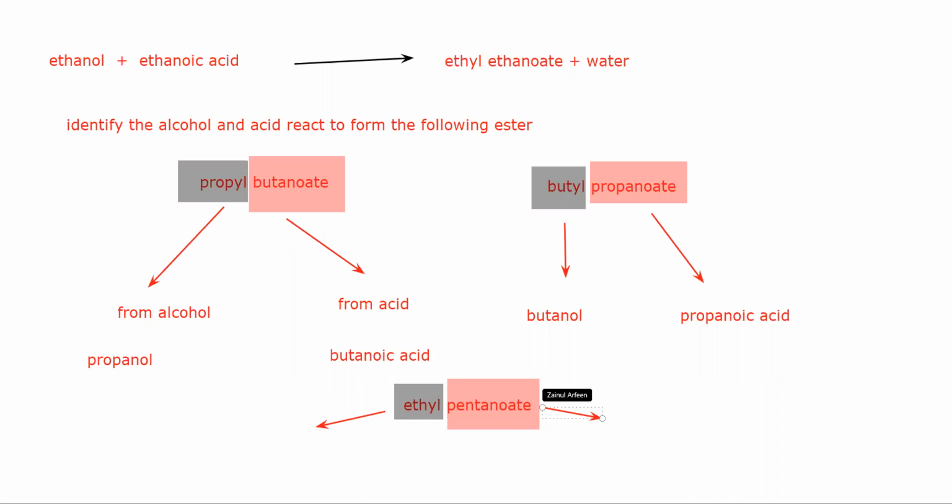For acid, you cannot write that. That's wrong. You have to mention acid like pentanoic acid, not pentanoid. Pentanoid is not an acid. So the alcohol is ethanol and it is pentanoic acid which reacts. So ethanol plus pentanoic acid will result in the formation of ethyl pentanoate.